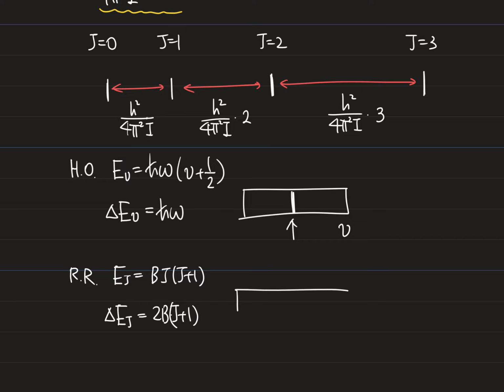So in rotational spectroscopy, you will have 2B here, 4B here, 6B here along the J level. So you will have multiple peaks in rotational motion.